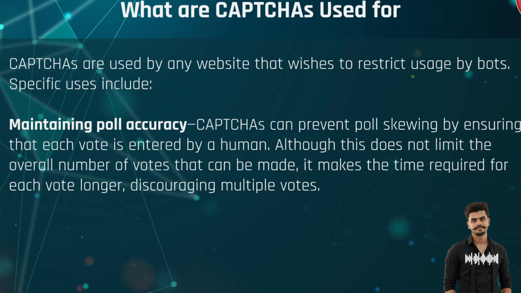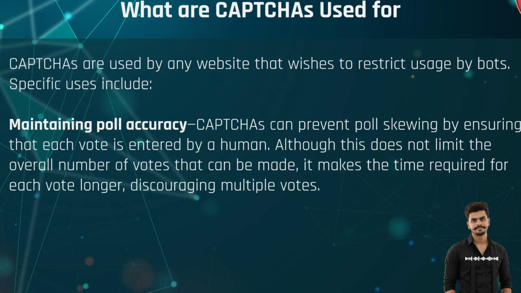You might see in WhatsApp there is a polling functionality. If you're in any group, you can vote by using the poll, and you can observe that from one person only one vote can be cast. But what if someone uses bots in order to increase the votes?